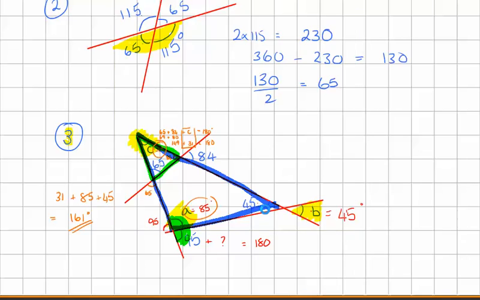Right, what we need to move on to though are angles in parallel lines. So parallel lines. When we draw parallel lines, do you know the definition of parallel lines? They will never meet. And examples of parallel lines in the real world?